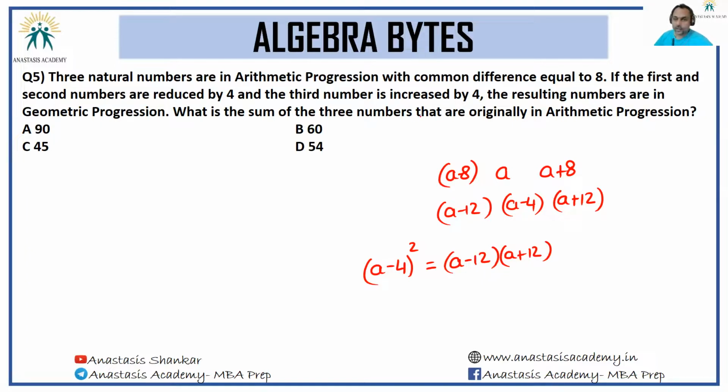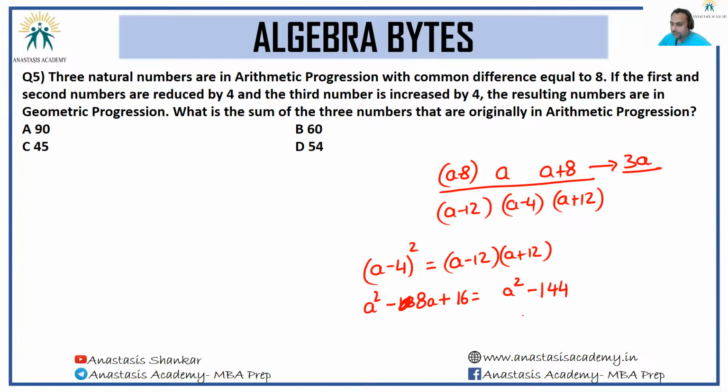What is the sum of the 3 numbers that are originally in arithmetic progression? The sum of these 3 numbers is clearly 3a. So I simply have to identify the value of 3a from here. I get a square minus 8a plus 16 is equal to a square minus 144.